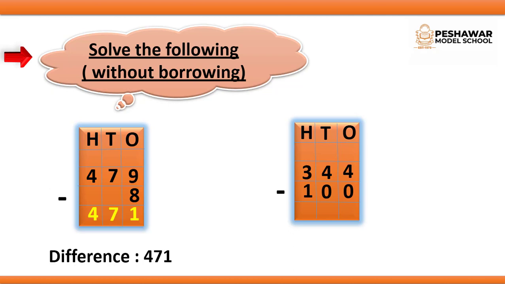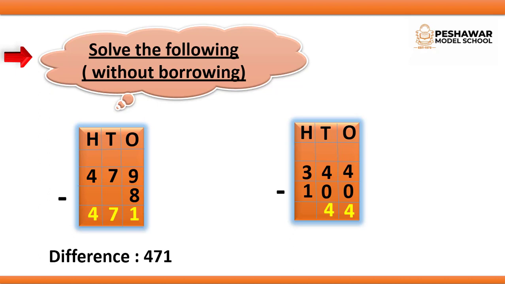Now dear students, question number 2 is 344 minus 100. We start subtracting from the ones place. In the ones place we have 4 and 0, so 4 minus 0 equals 4. Now we move to the tens place. In the tens place we have 4 and 0 again, so 4 minus 0 equals 4. Now we move to the hundreds place.